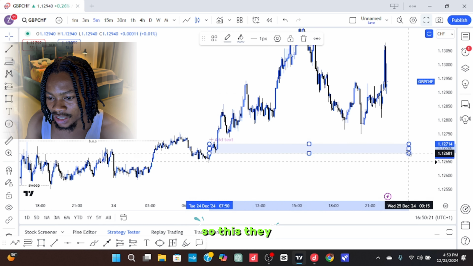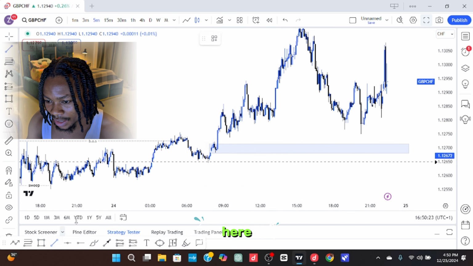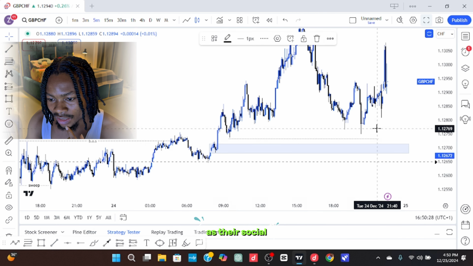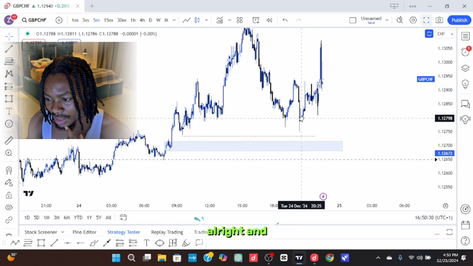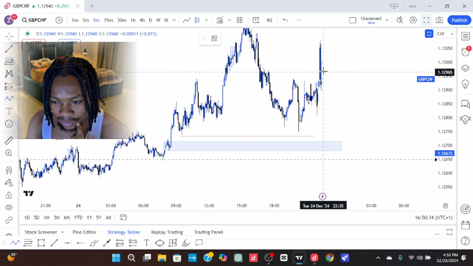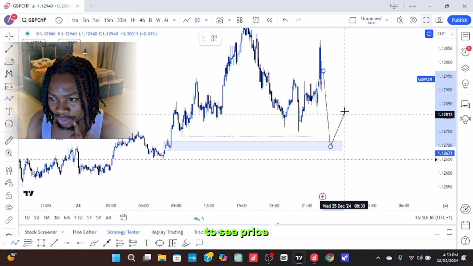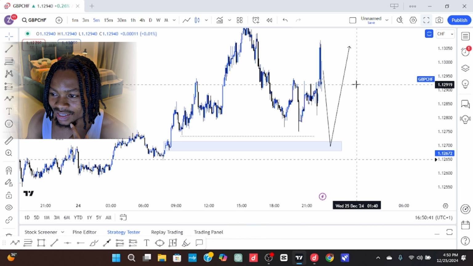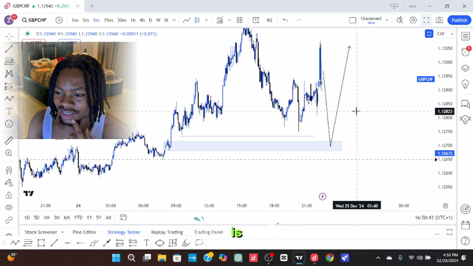So they will call this their order block, and they will see this as their structural liquidity. All right, and what do they expect? They expect to see price come down, take out this low, and then buy from there. This is where the trick is.